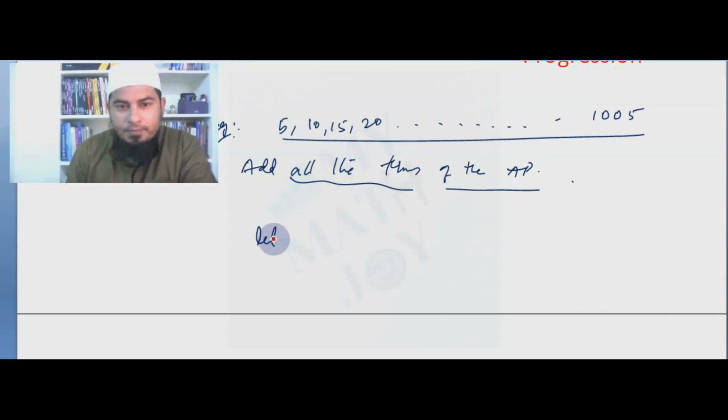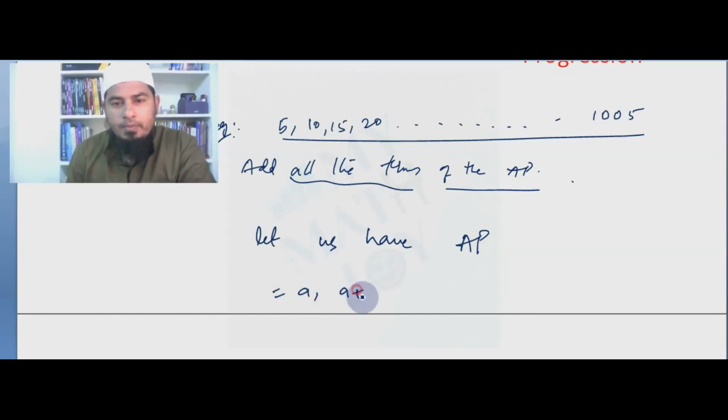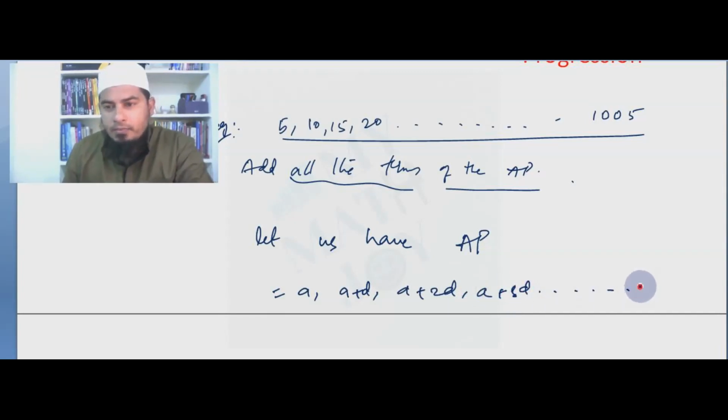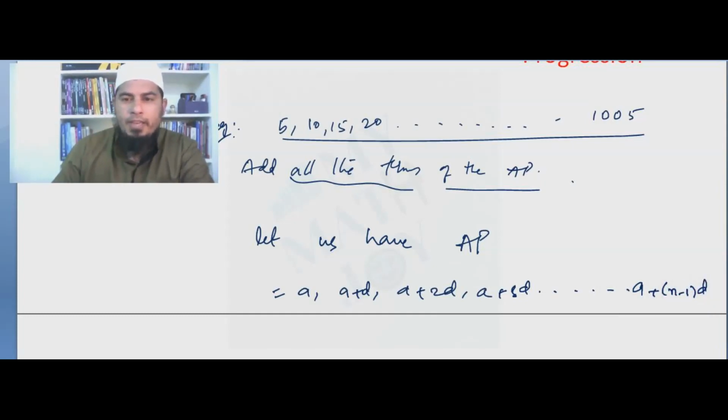We have an AP. Let us write A, A plus D, A plus 2D, A plus 3D, and so on, and the last term will be A plus n minus 1 into D. Yes, this is my AP. Now what derivation are we doing?